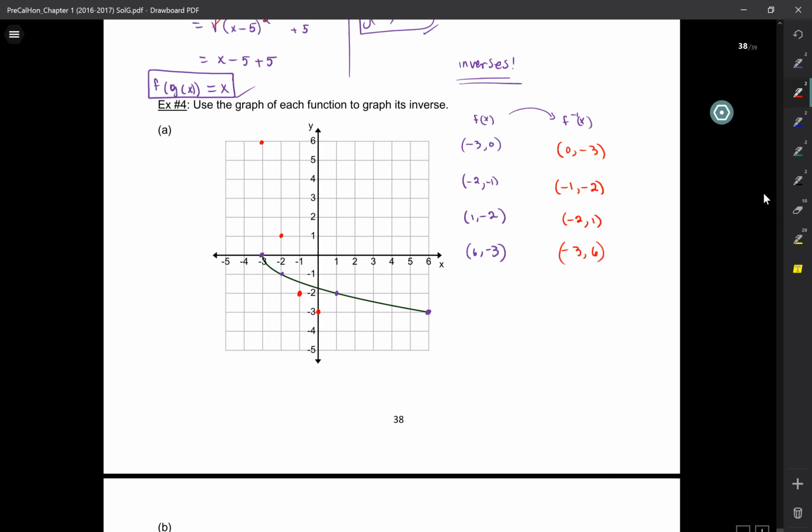There we go. All right. And if you can visualize a line y equals x drawn along this, you can see that if I reflect the original around that blue line, I will get the red one. Okay? All right, last one.